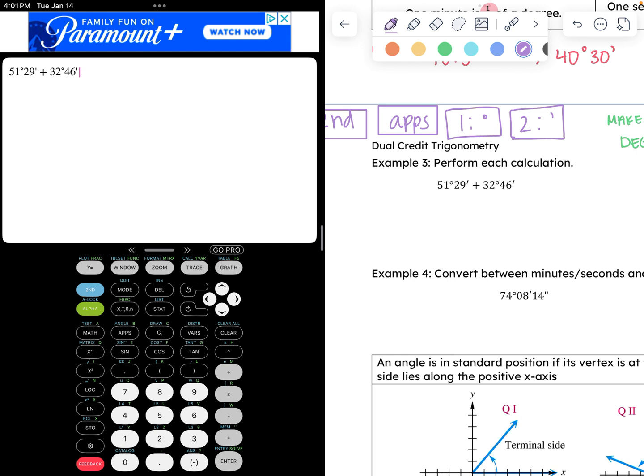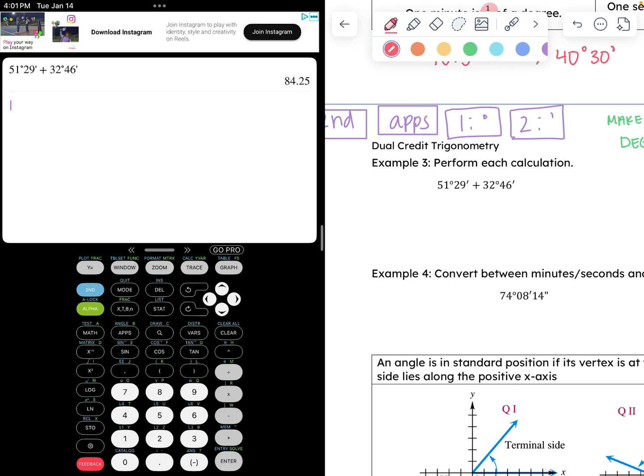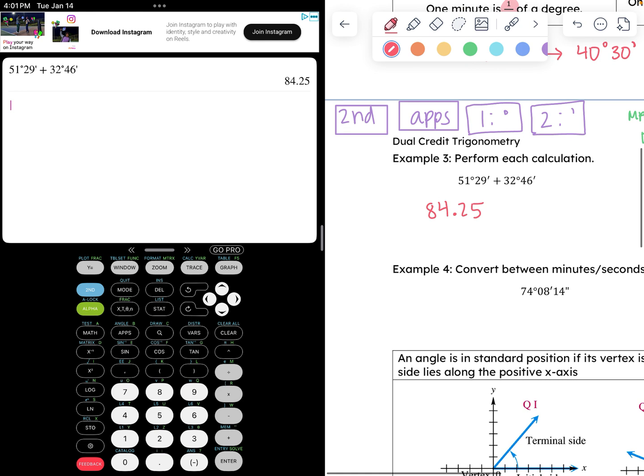So 51 degrees and 29 minutes plus 32 degrees and 46 minutes. When I hit enter, there's my answer. But you'll notice my answer is a decimal answer, 84.25. It's not in degrees and minutes. And if I am starting in degrees and minutes, my answer needs to also be in degrees and minutes unless it tells me otherwise. But once again, lucky for you, your calculator will convert it for you.